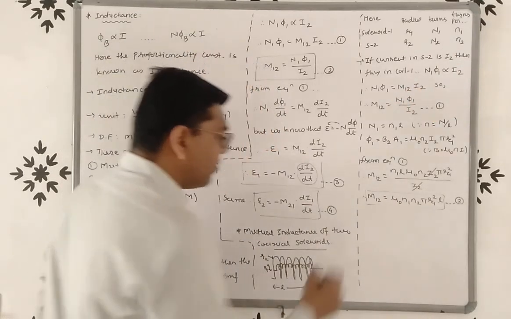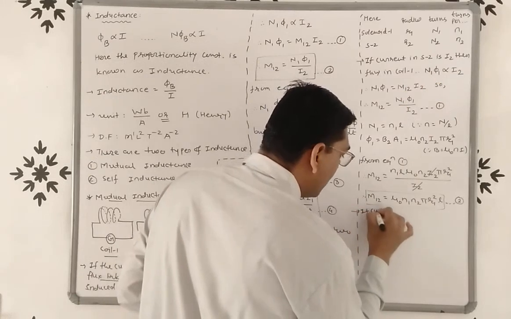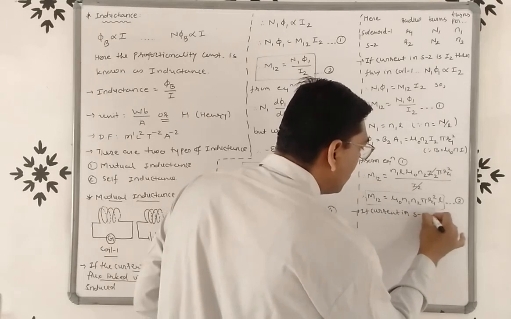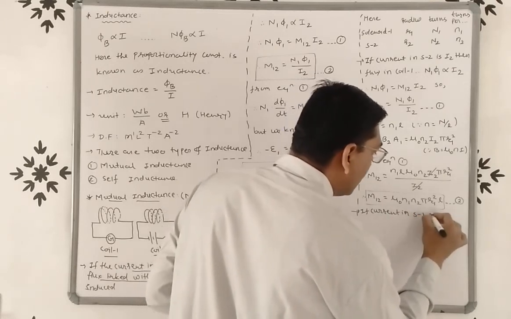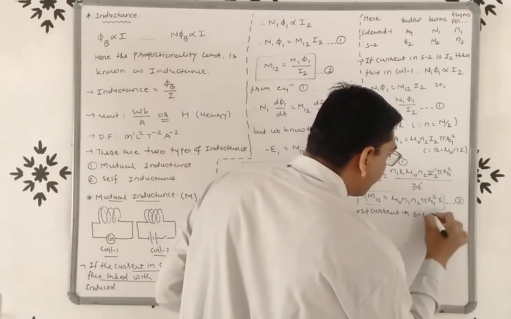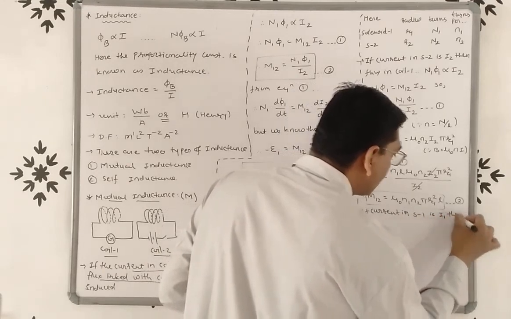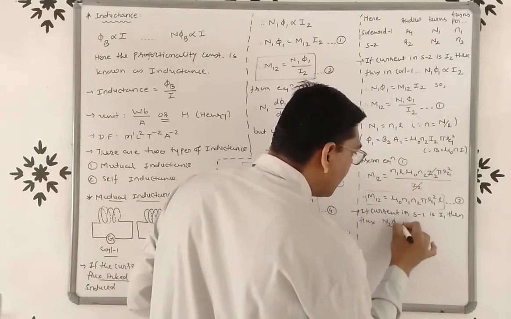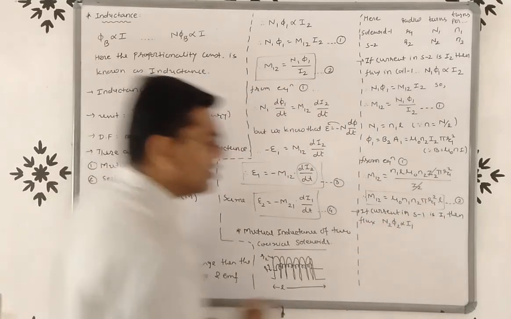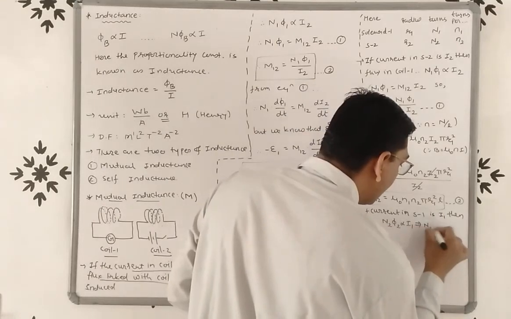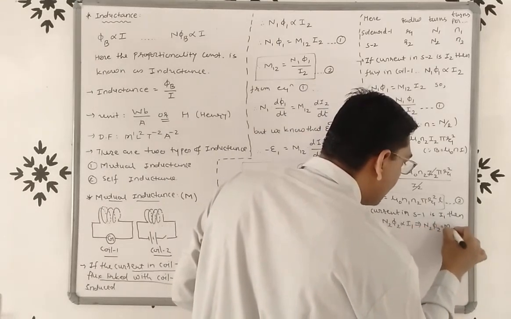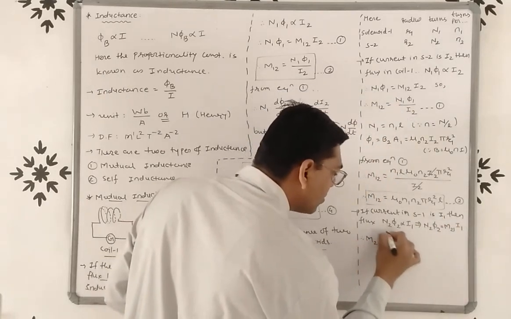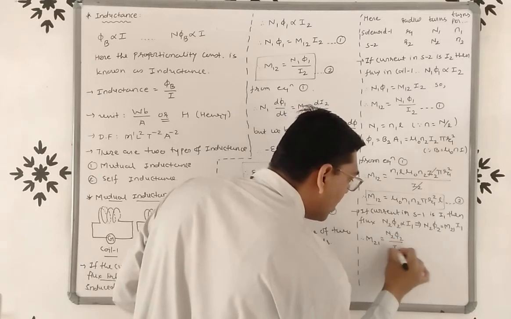So N2 phi 2 is equal to M21 I1, and M21 is equal to N2 phi 2 upon I1.